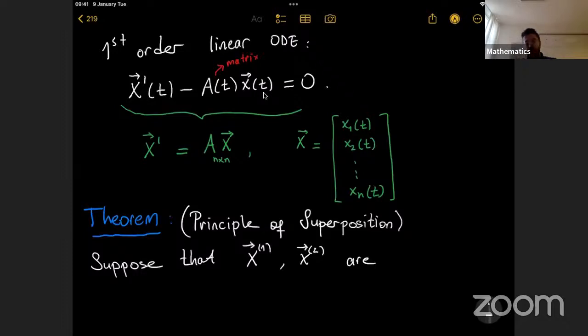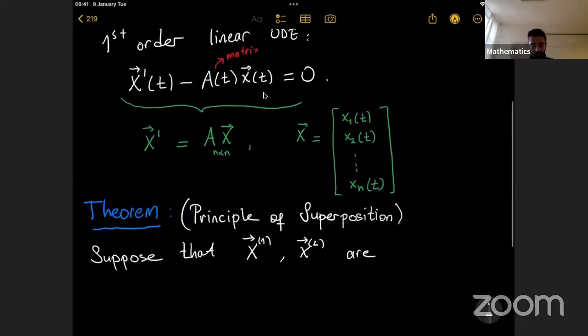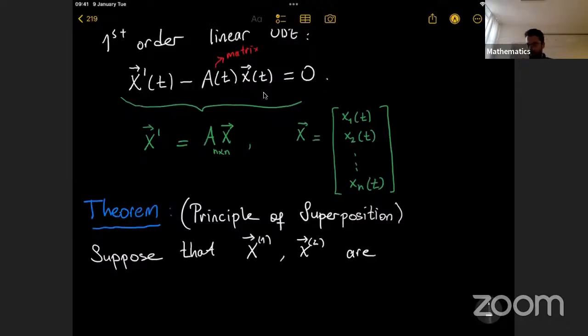Sometimes I don't put the vector notation, but from the content, you will understand that I mean vectors here. When we solve a system, the solutions are always vectors with function entries. These are solutions of, let's call it here, star.